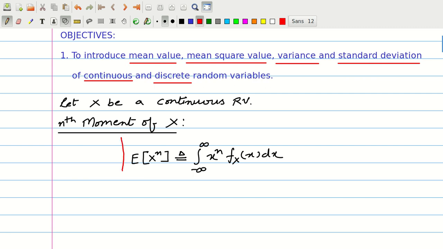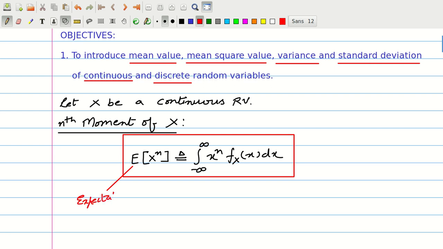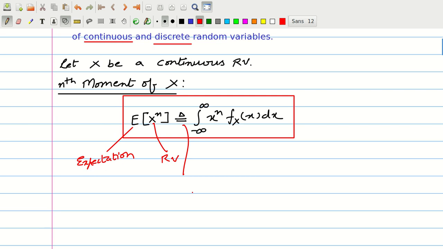where the various symbols used are as follows. E denotes the expectation, capital X denotes the random variable, the symbol triangle equality we use for the definition, so defined as.